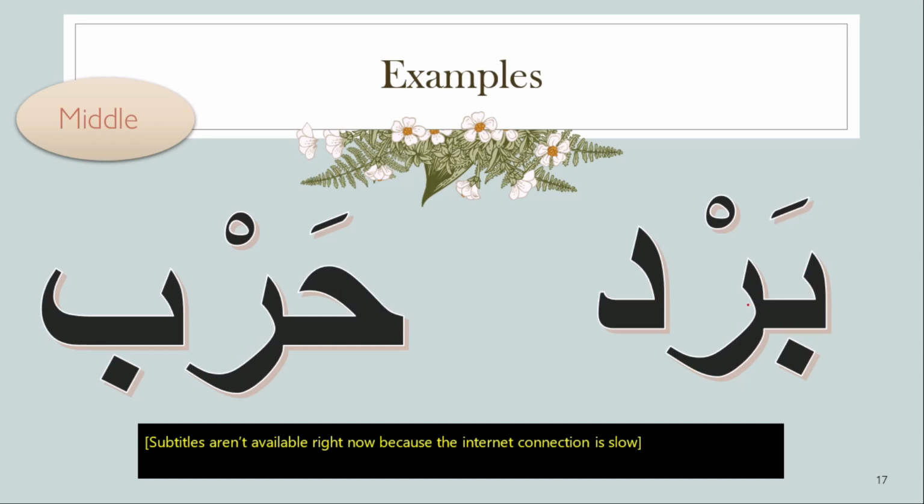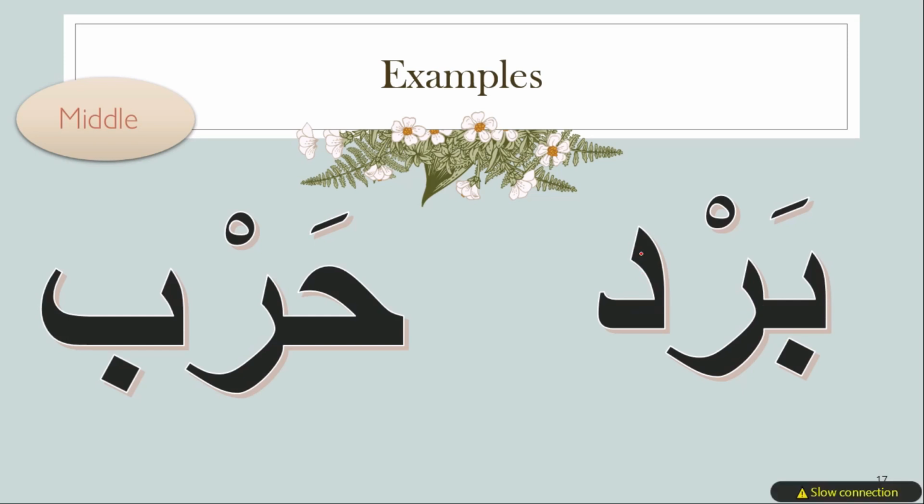As you can see, it's connected to ba, and the last one is dal. Do you remember it? Dal. Ba has fatha, ra has sukun, the circle, no vowels, and of course it's a noun, so it has no vowels in the end.